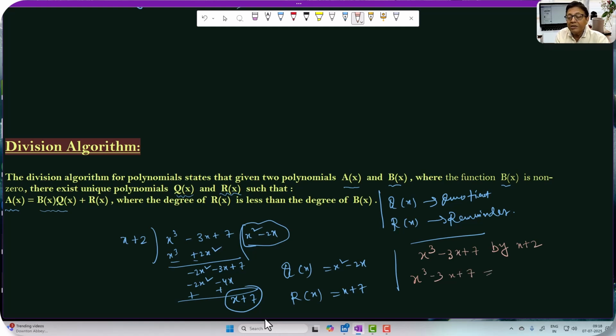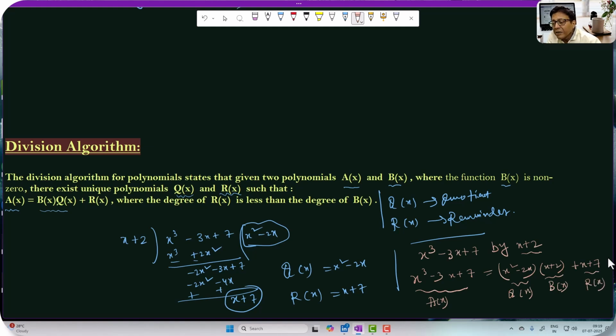What is the quotient here? x^2 minus 2x. You have divided with this x plus 2, and that remainder you got there, that is x plus 7. So this part is like a(x). You have divided a(x) by what? By x plus 2, that is b(x). This part is q(x) and this part is r(x).